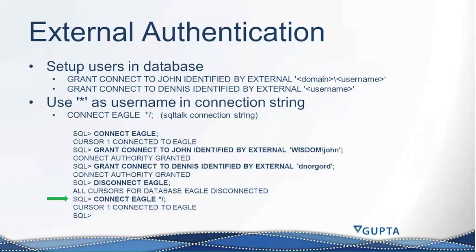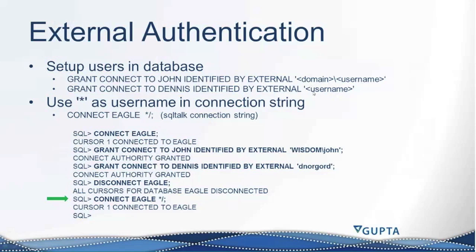You'll see that you can specify the network name as domain/username, or you can specify just the username without the domain. If you specify the domain and username, then the authentication has to be the domain and the username.